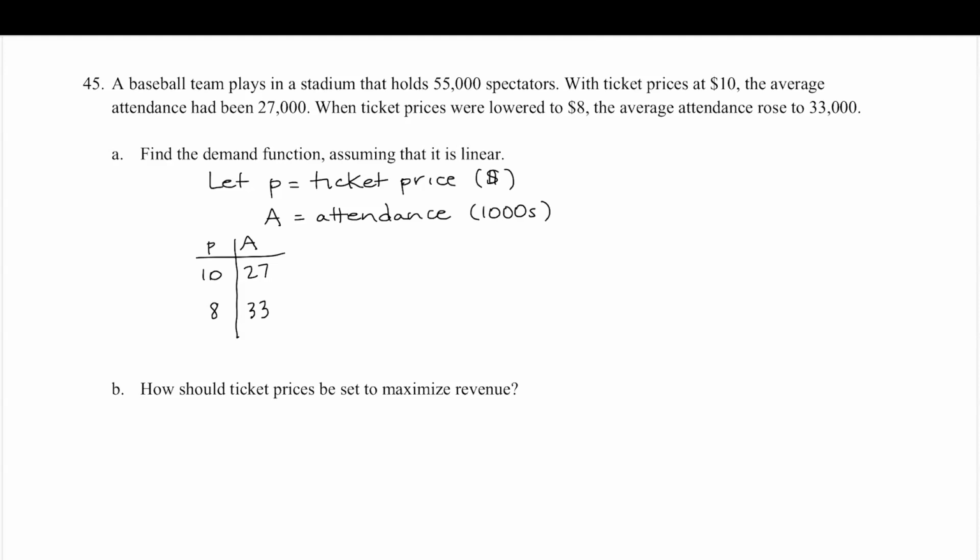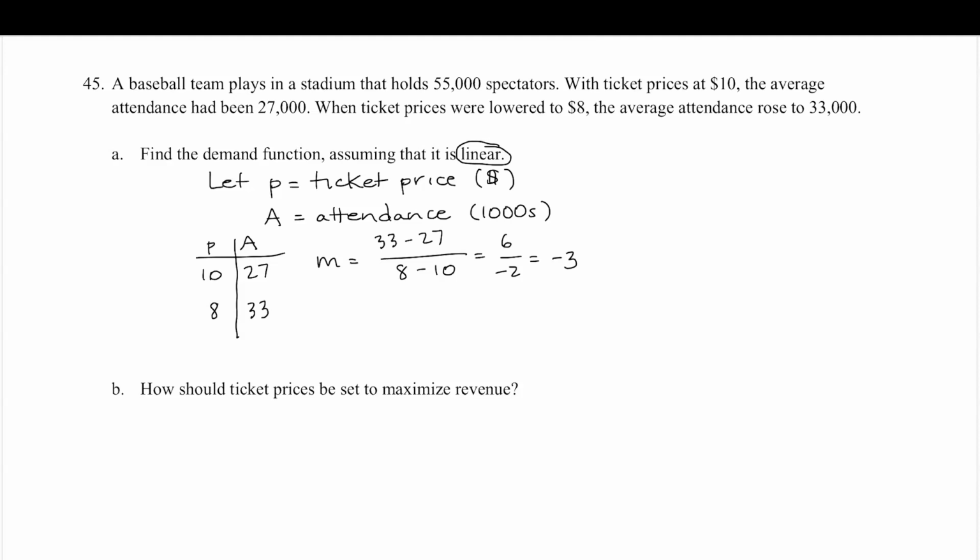And so that's going to create a slope of -3. Just keep in mind that assuming demand is linear, sometimes we actually use quadratic or exponential functions for demand, but we sometimes use linear as well. So for slope, I can do change in attendance over change in price, and that gets me, again, -3.